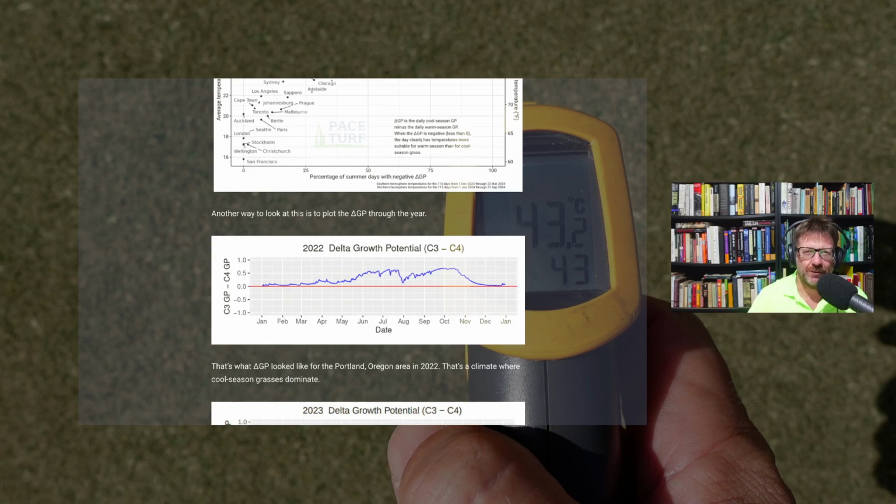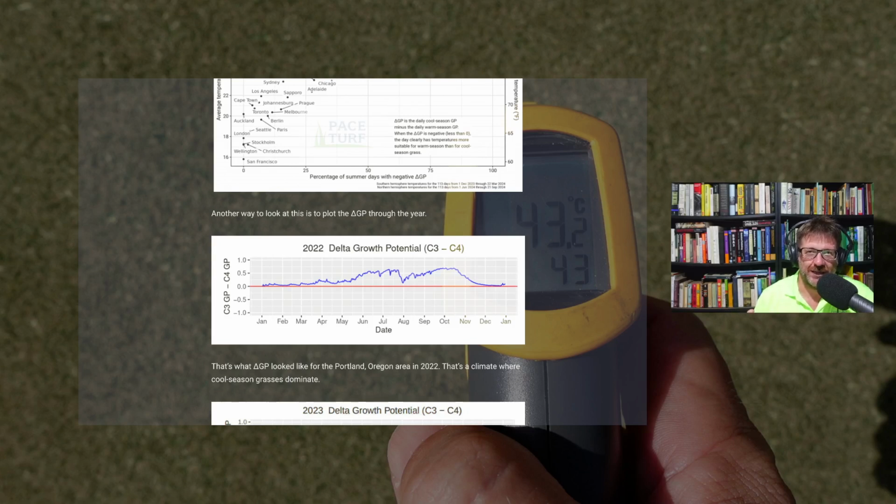And I think that works really good when I'm isolating, for example, the summer intensity in Japan. In Japan, pretty much anywhere in the country, it does get that hot in the summer. It gets hot enough that you will have days where the delta GP is negative.